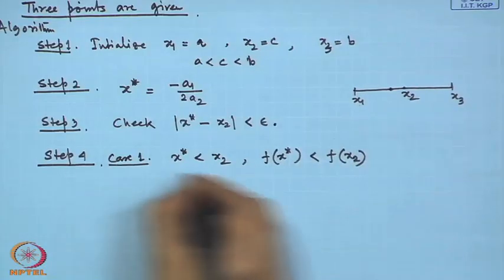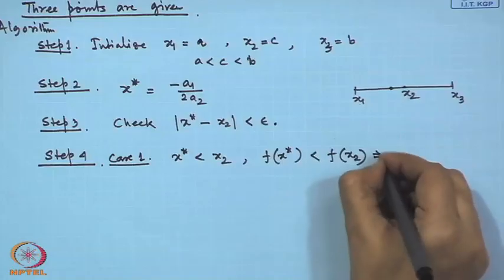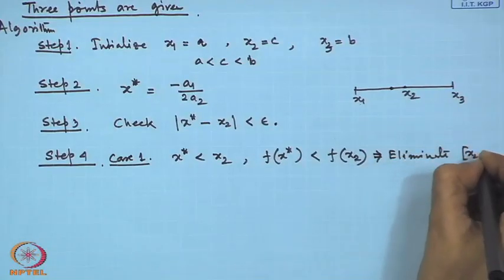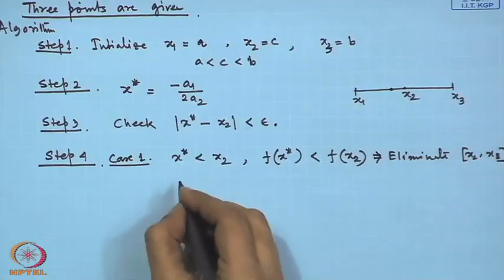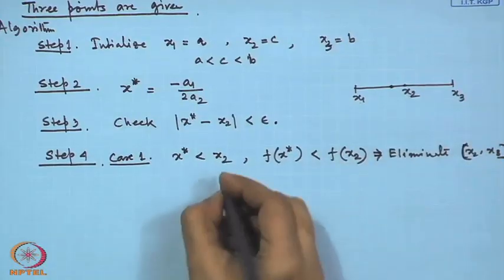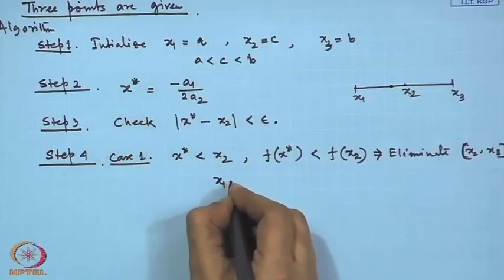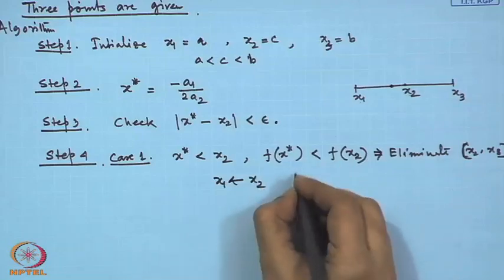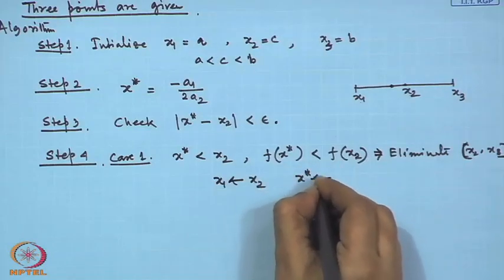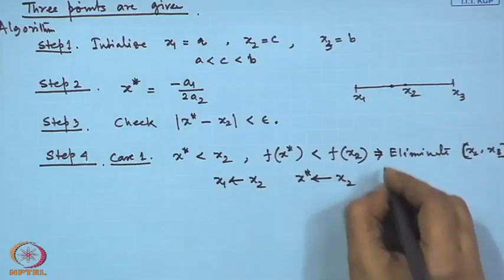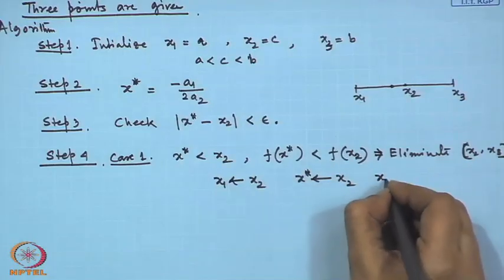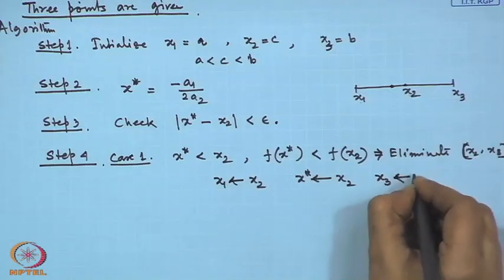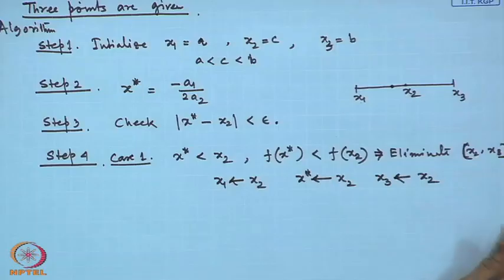If this is so, then we will eliminate x2 to x3, and we will declare the new x1 as x1, new x2 as x star, and we will consider x3 as x2, all right.